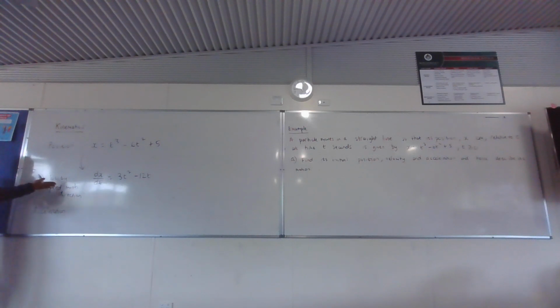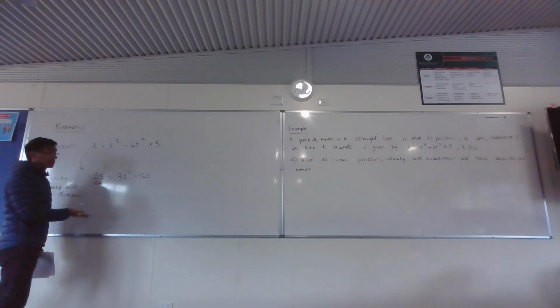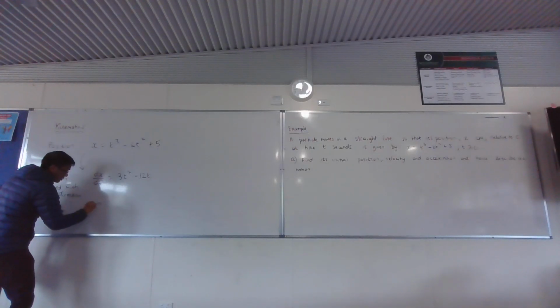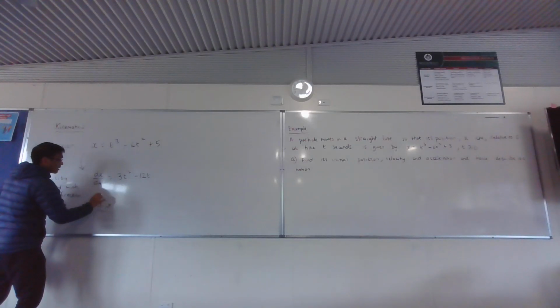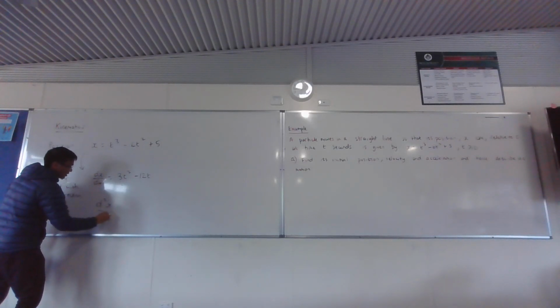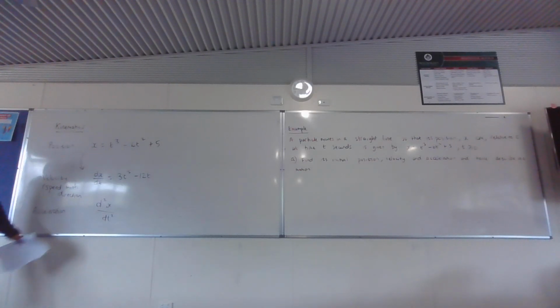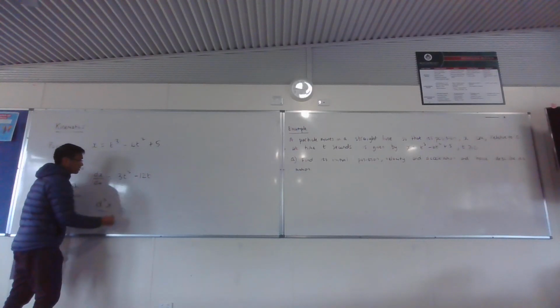Likewise, if you want to go from velocity to acceleration, we derive again. The way this looks like is d squared x over dt squared. I know it's pretty weird, but that's the notation.